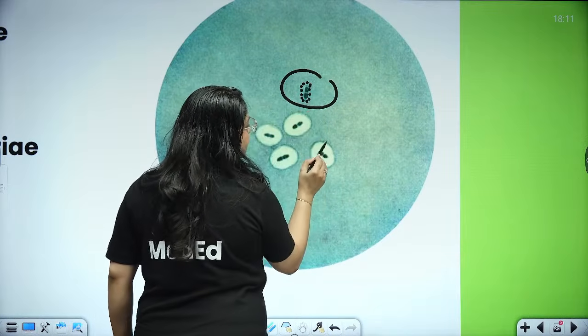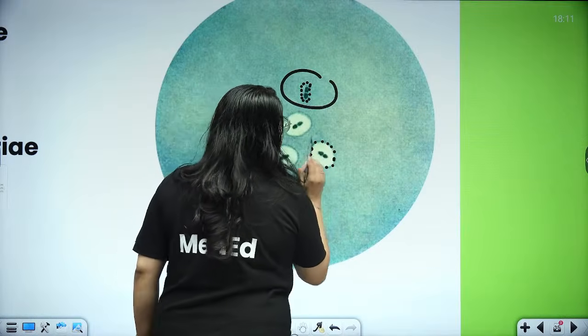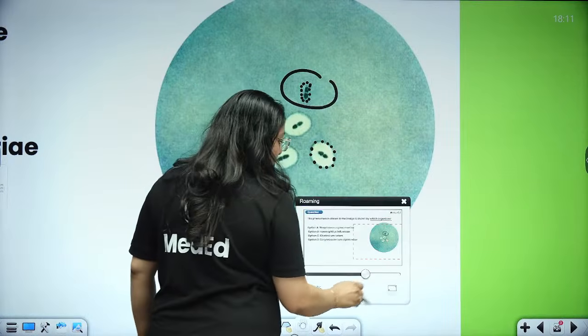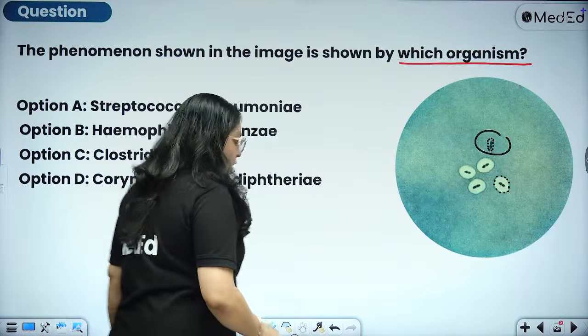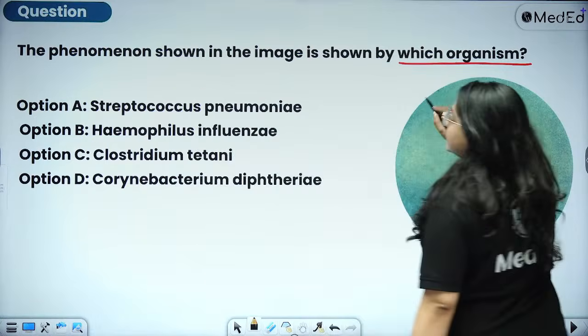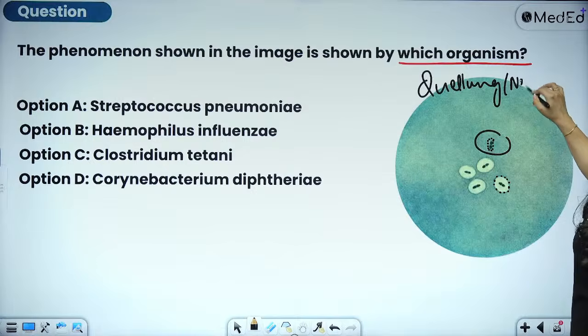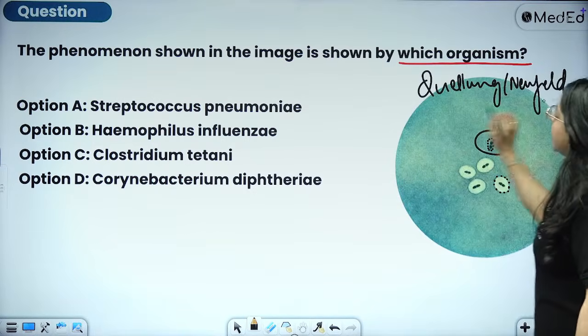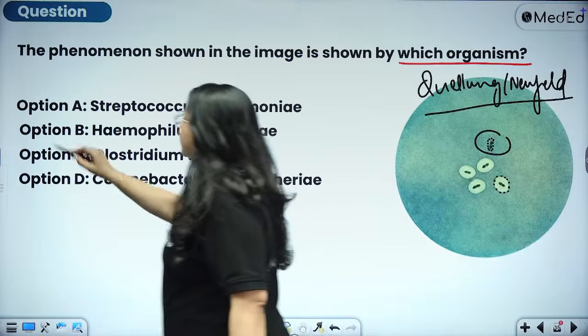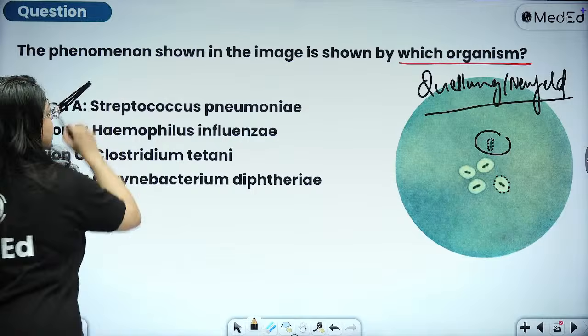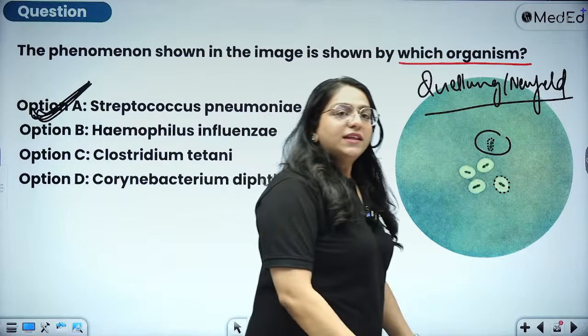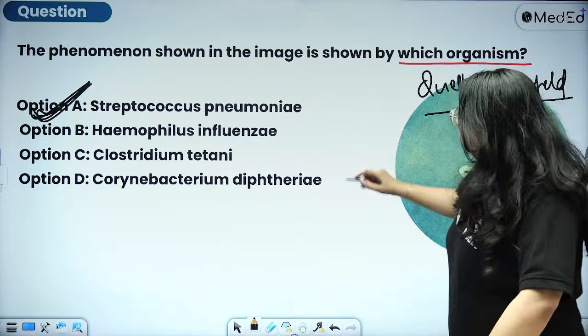But if you look at this one, the capsule is so swollen up. So the swollen capsule is what? The Quellung reaction or the Neufeld reaction. Yes, correctly said. Quellung reaction or the Neufeld reaction, in which we are putting the antisera. So this is of course Streptococcus pneumoniae.